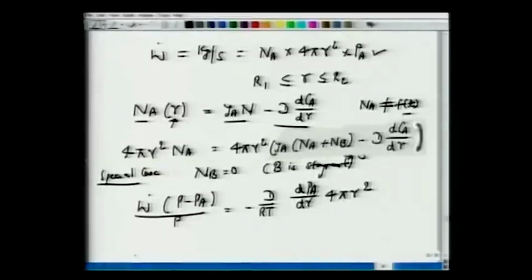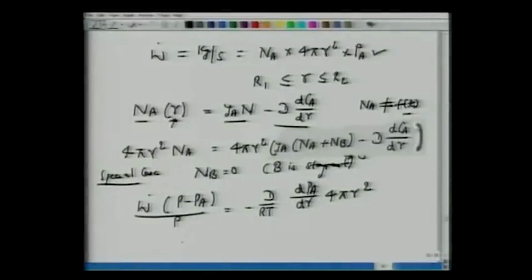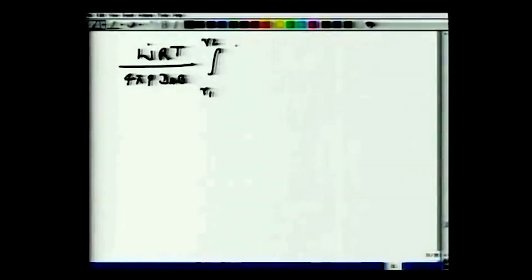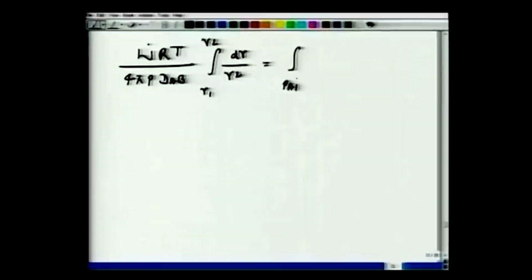Now we can integrate. If we integrate W dot RT over 4 pi P DAB, from R1 to R2, dr over r square, equals the integral from PA1 to PA2 of dPA over P minus PA. The small p is the same as the partial pressure, so let's use the same nomenclature.